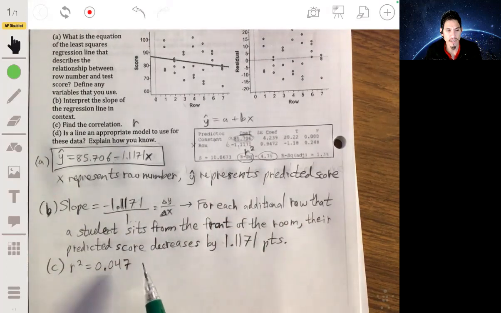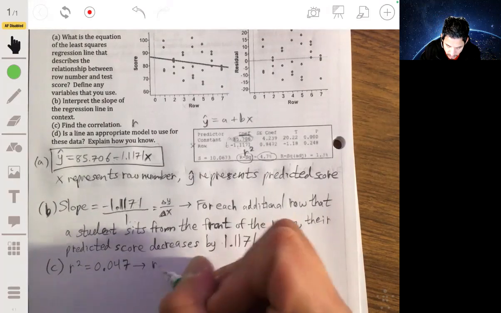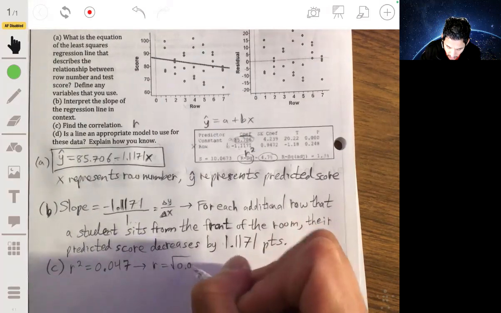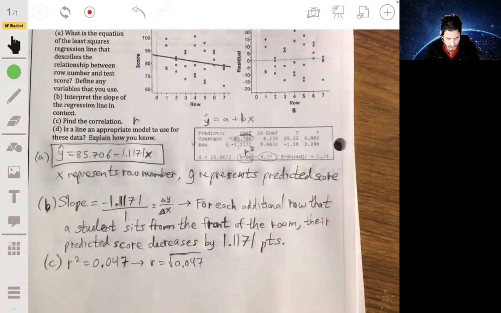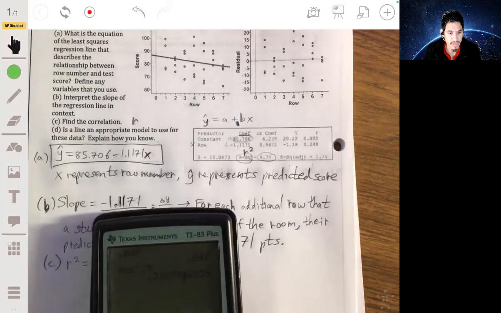Now remember, this is R squared. We're not given R, so we find R by simply taking the square root of this. R will be the square root of 0.047, and that'll be about 0.217.